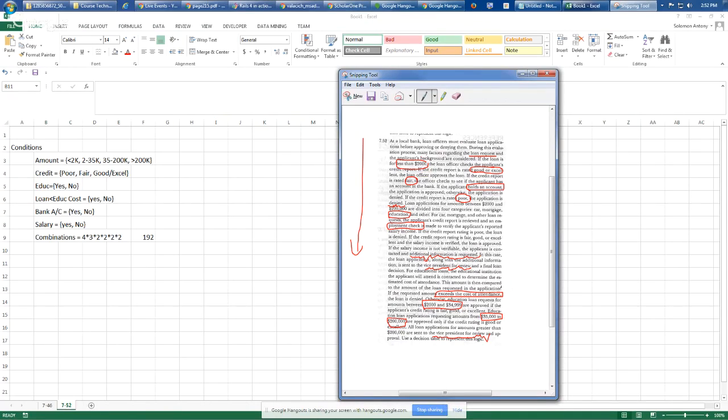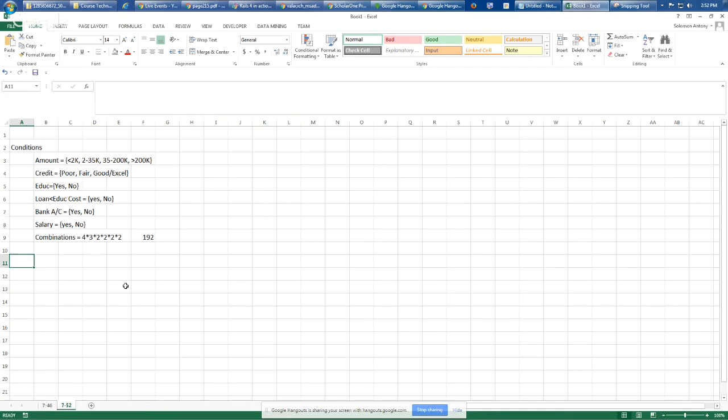Okay, so first thing is if the loan amount is less than 2,000, the officer checks a report. If the report is good or excellent, loan is approved. So it's my decision table.